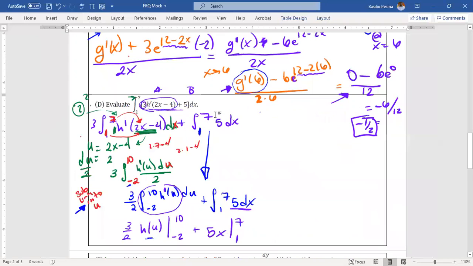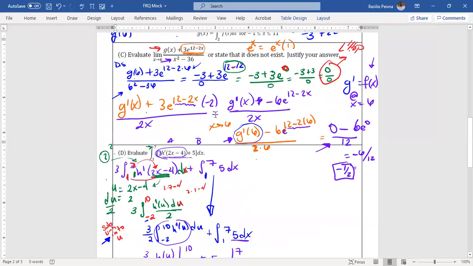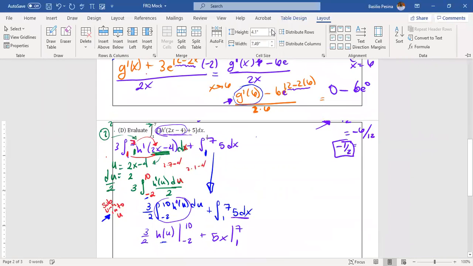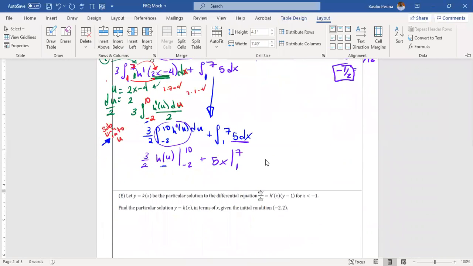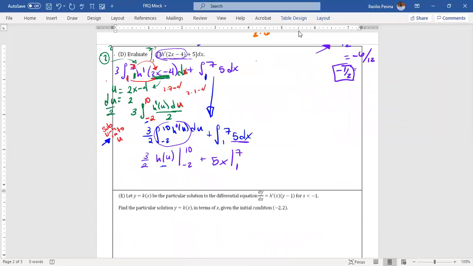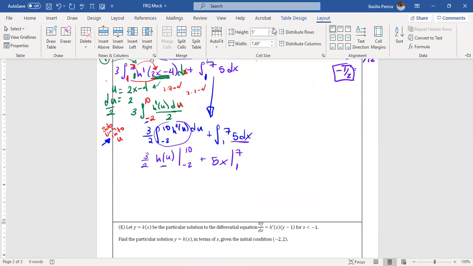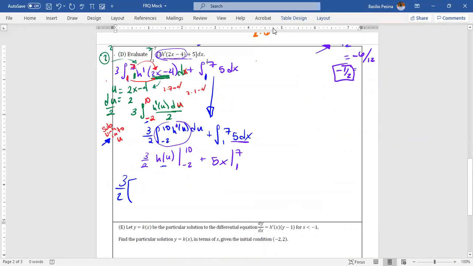So for my g, let's see if I can make this a little bigger. For my g, this is 3/2 times h of 10, right? Because if we do top minus bottom, remember the fundamental theorem of calculus? Remember FTC? F of b minus f of a?